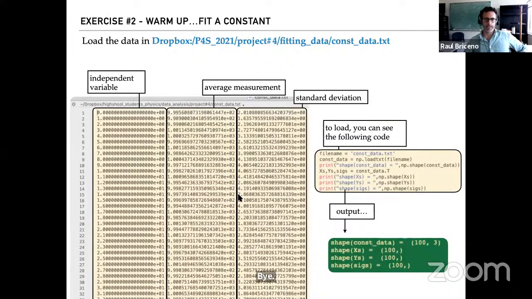Then I gave you some mock data, some fake data, where what I asked you to fit was just a constant. So the simplest thing we could imagine. I gave you a constant that had been determined by a bunch of fake people, and each constant has an error.